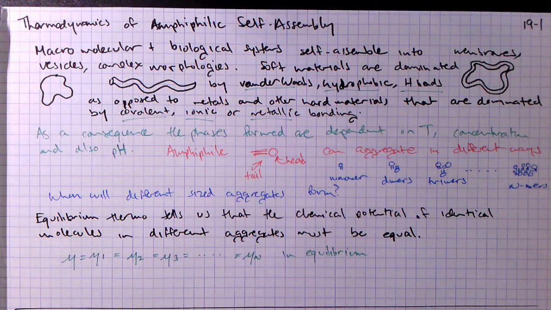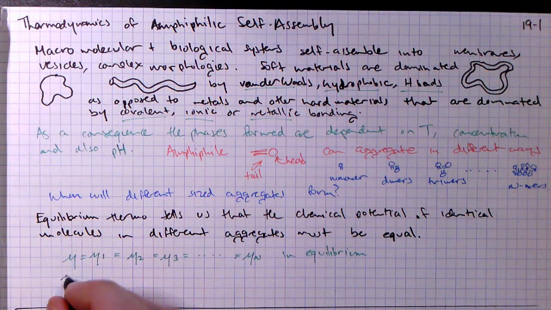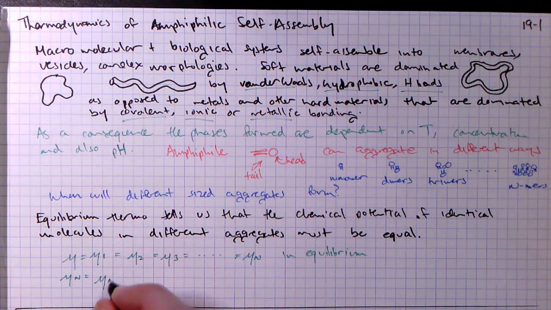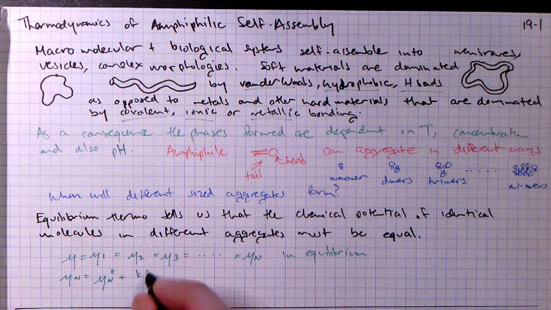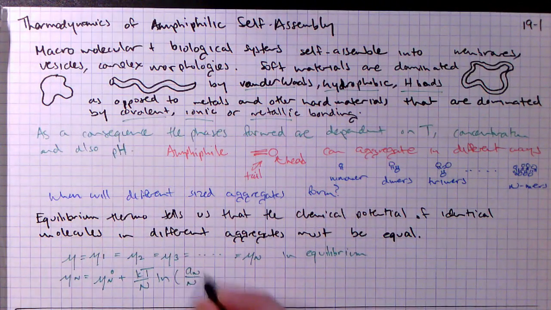So we want to start by writing down an equation for the chemical potential associated with an aggregate of size n, and we can do that by writing mu sub n. We're going to write it as mu sub n0 plus kT over n natural log a_n over n.